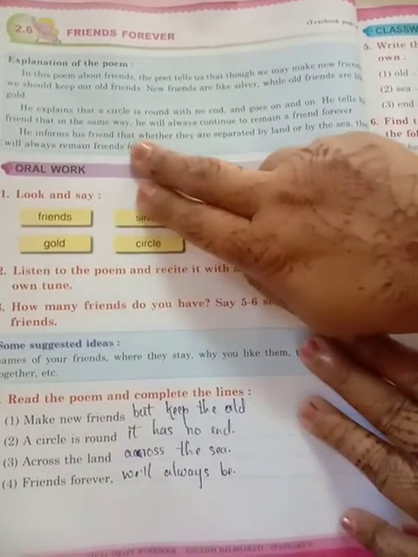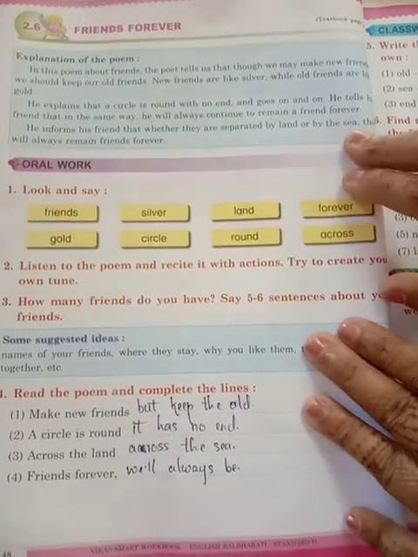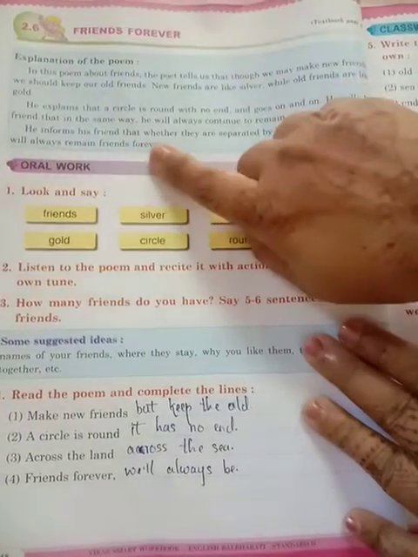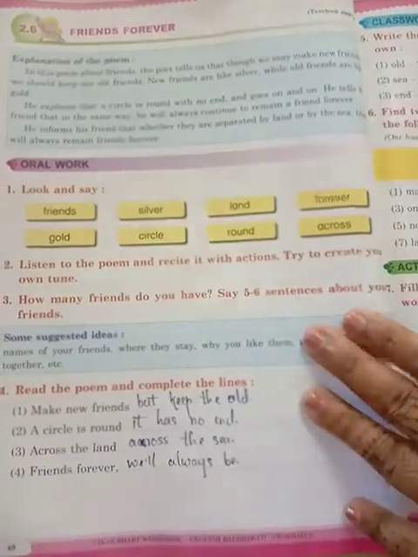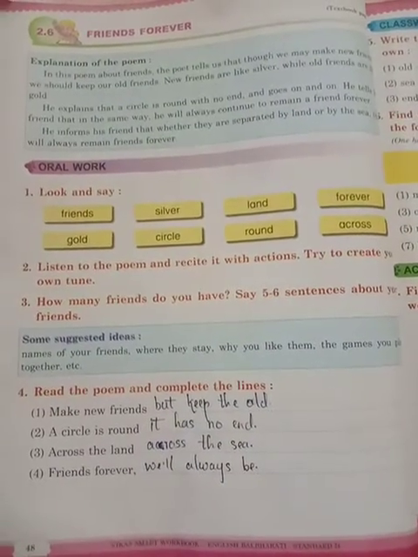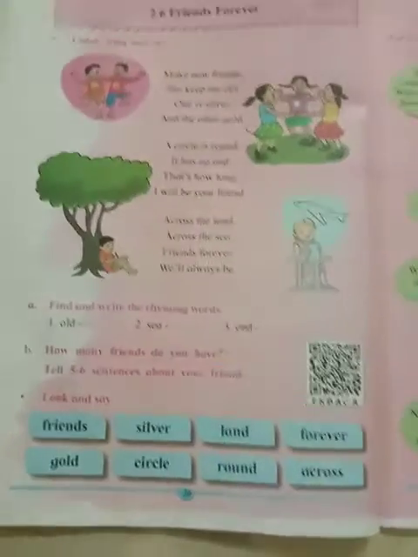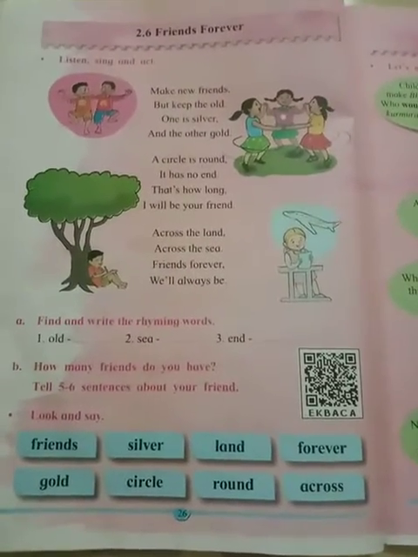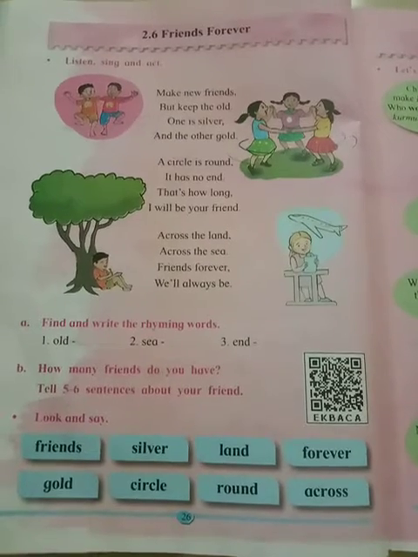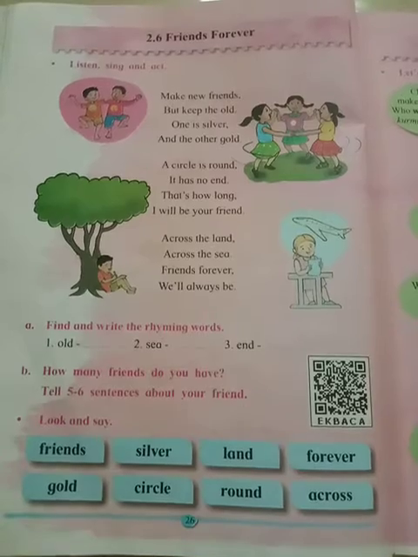He informs his friend that whether they are separated by land or by the sea, they will always remain friends forever. Okay. So at any cost, whatever happens in life, the friendships will never break. Likewise, the summary has been given in this small poem. So you are all requested to learn the poem by heart and to write the poem in your notebook also.